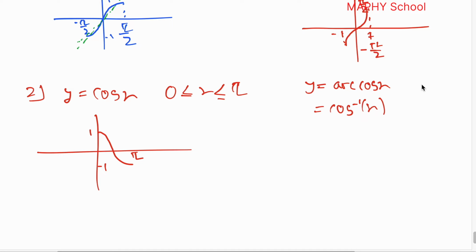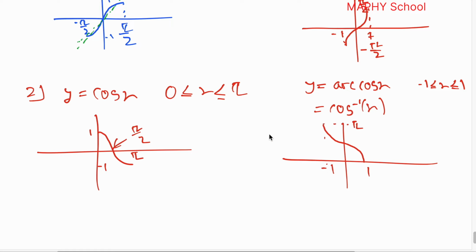So the range would be minus 1 to 1. The curve would be like this. This is 1, this is minus 1, this is pi, and this point is pi by 2.